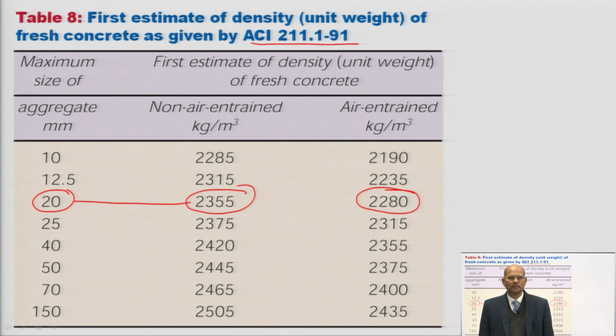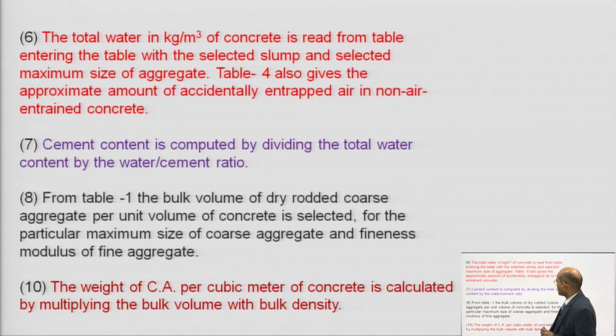These are the different tables we have to consider while designing the concrete with the help of the Indian Concrete Institute. Now we have calculated the total water content, say 200 kg for M 20 and 20 mm aggregate.